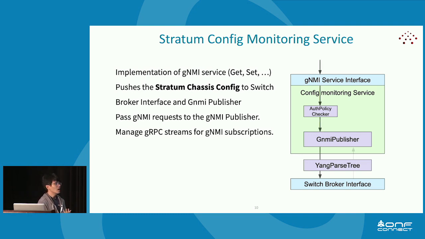Then in the config monitoring service, we have several components. For example, the authentication policy checker will check whether this gNMI request is valid or not. And we have the gNMI publisher, which is one important part of the config monitoring service; we'll talk about it later. And we have the YANG repository, which stores the actual gNMI model tree in the Stratum system.